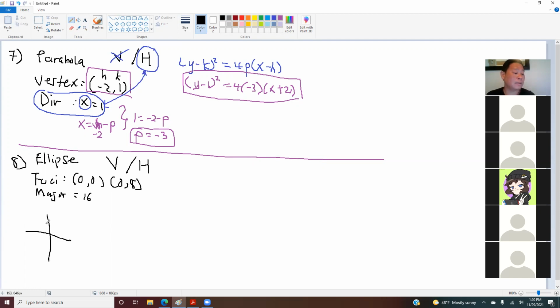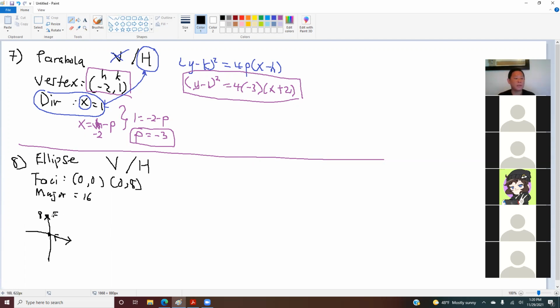For this case, you need to draw the picture. The foci are given by (0, 0), which is right here, and (0, 8) is right here. So this is your foci.